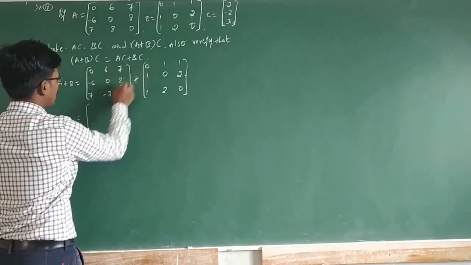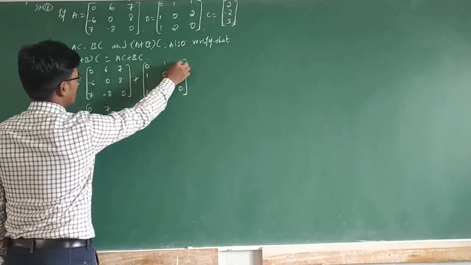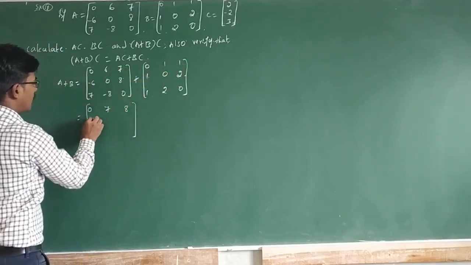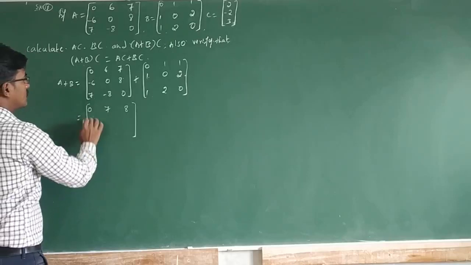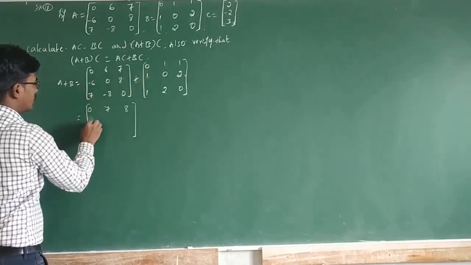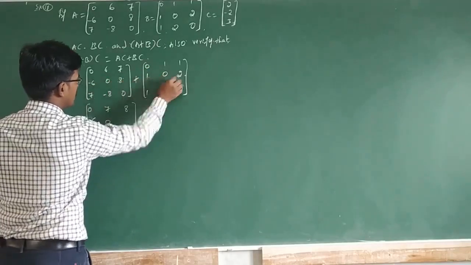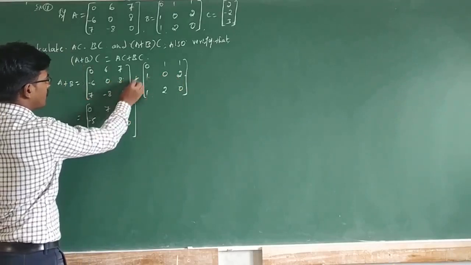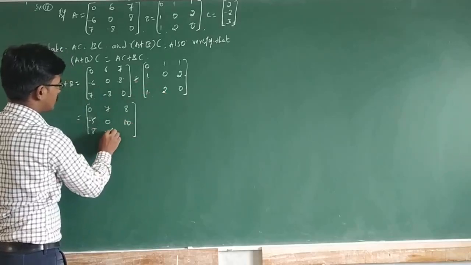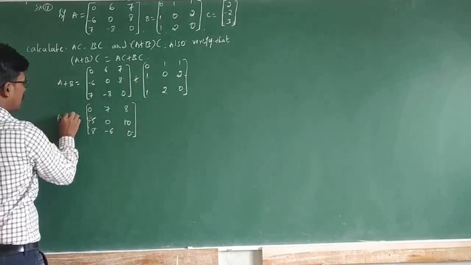Here 0 plus 0 is 0, 6 plus 1 is 7, 7 plus 1 is 8. Next, minus 6 plus 1 is minus 5. Next, 0 plus 0 is 0, 8 plus 2 is 10. Next, 7 plus 1 is 8, minus 8 plus 2 is minus 6, 0 plus 0 is 0. This is A plus B.